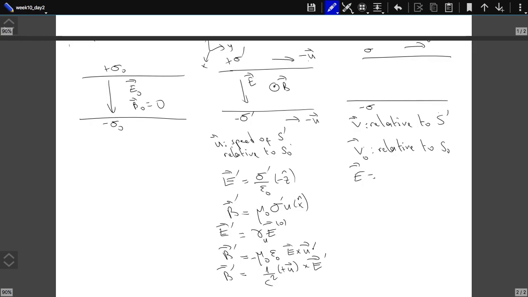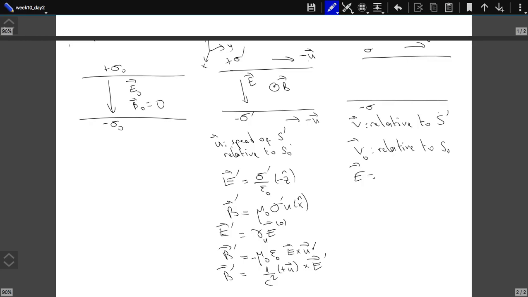Then you go to a different reference frame which is moving at a speed u, which is perpendicular to the direction of the electric field. In this new reference frame, there is a new electric field which is obtained from the electric field in your first reference frame by multiplying it with this gamma factor corresponding to the transformation from the first to the second reference frame.